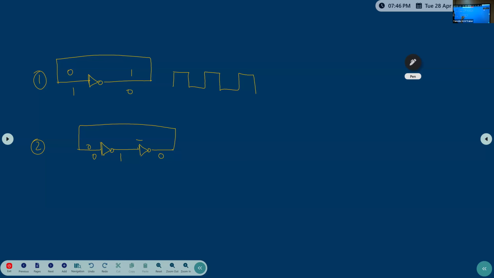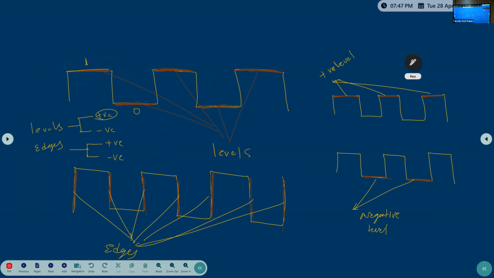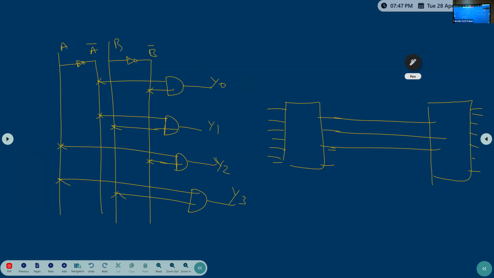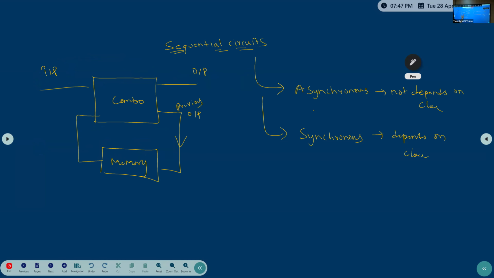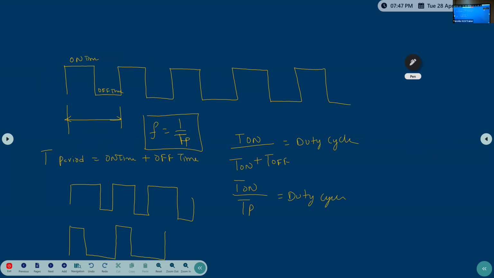So now 0 is completely looping. In a sequential circuit, the combo circuit we already discussed. If we discuss the memory element, and you know how the memory element works, then the sequential circuit is completed, simply put. So that memory element only we are discussing now.